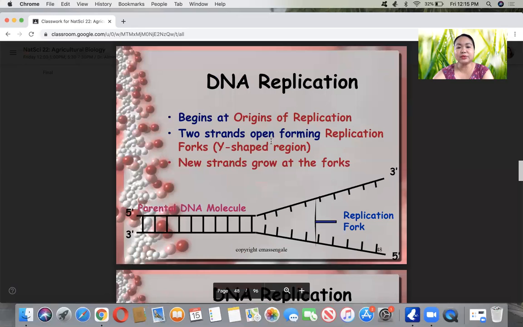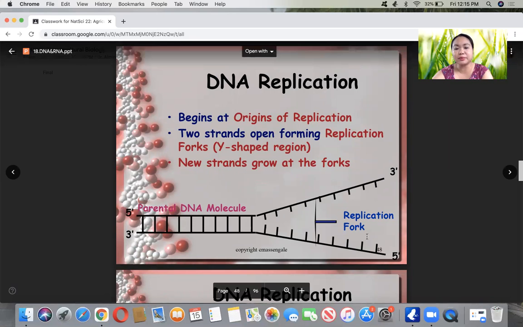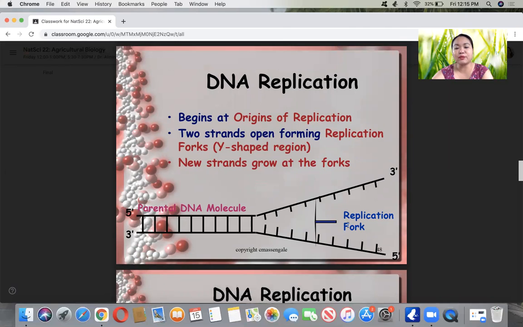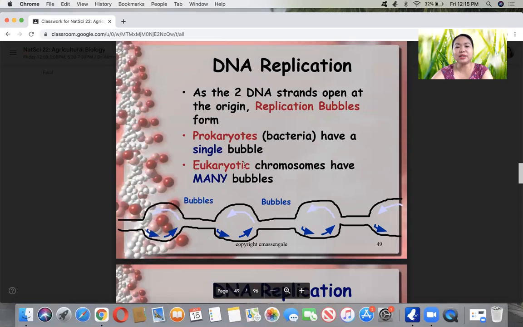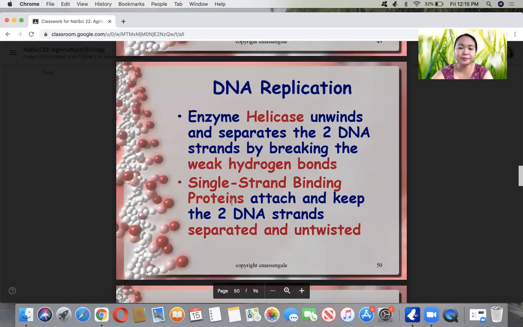It begins at origins of replication where the two strands open, forming replication forks, a Y-shaped region, and new strands grow at the forks as shown on the figure here. As the two DNA strands open at the origin, replication bubbles form. Prokaryotes or bacteria have a single bubble, while eukaryotic chromosomes have many bubbles.